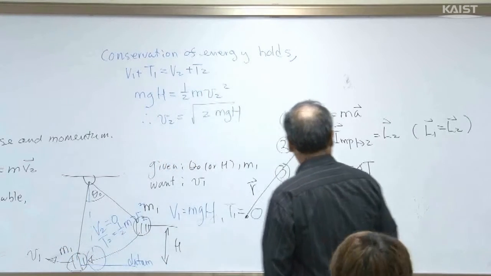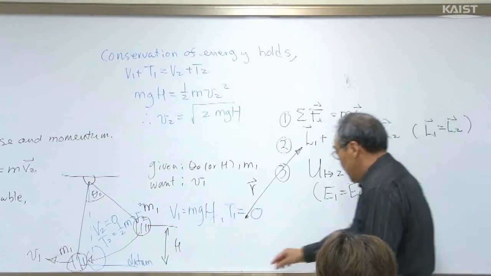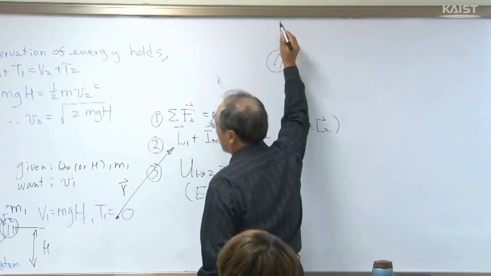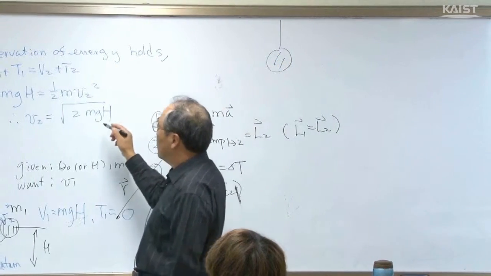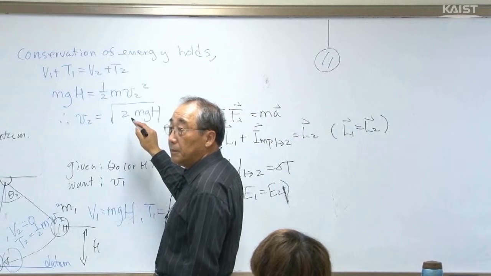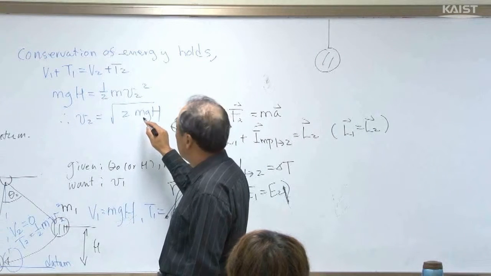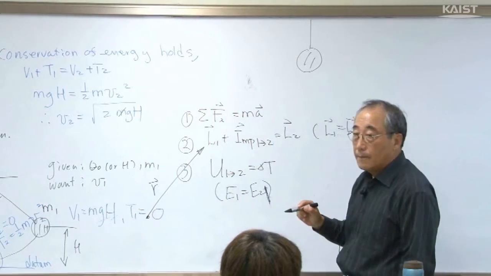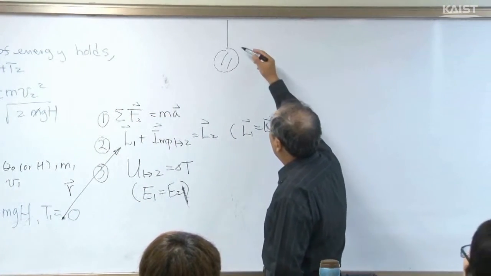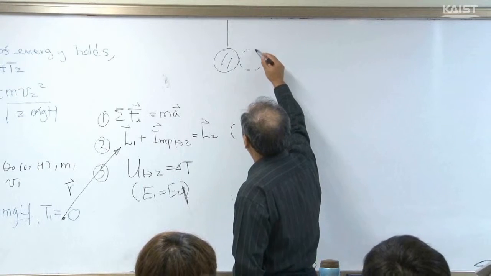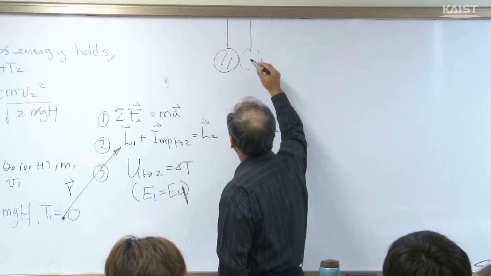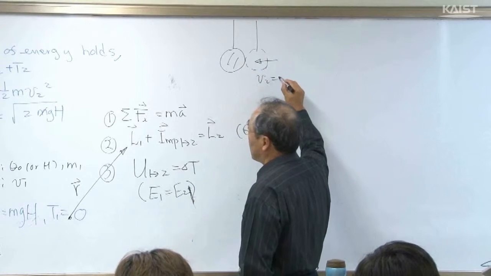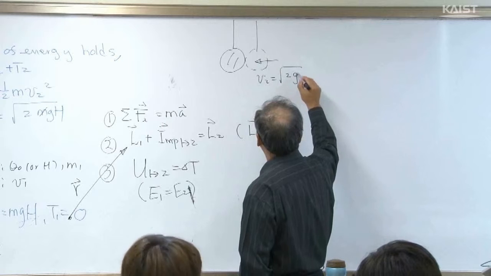So now the physical situation is, I have a second mass over here. So I have a pendulum over here, and I have another pendulum over here, and this is moving with the velocity of v2, that is the square root of 2gh.